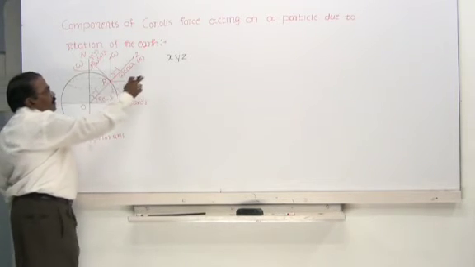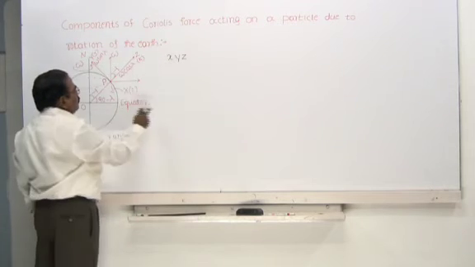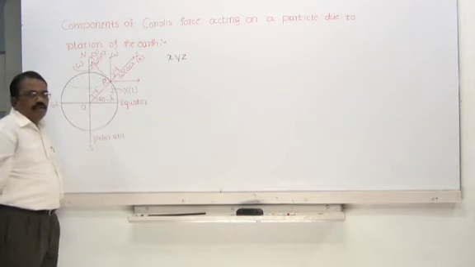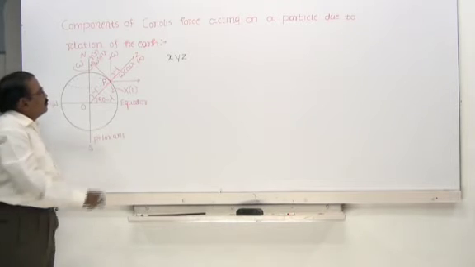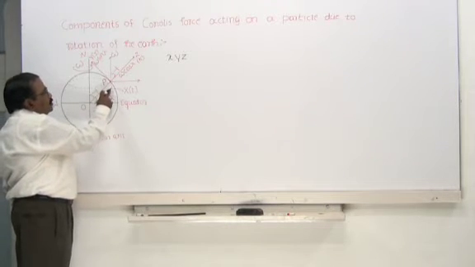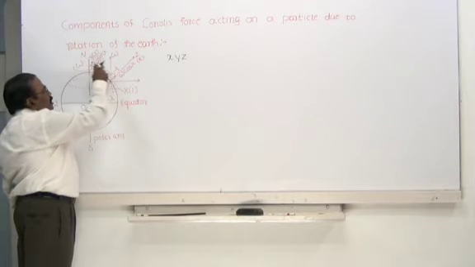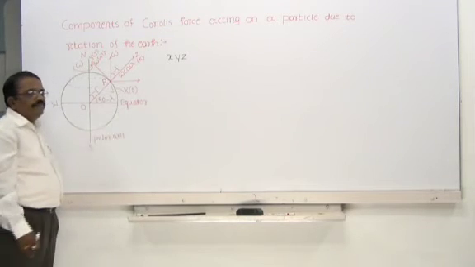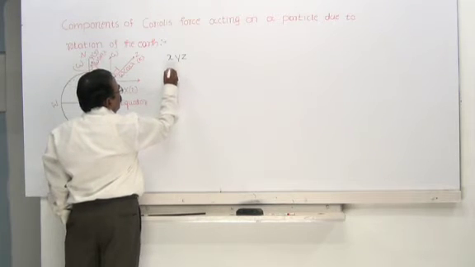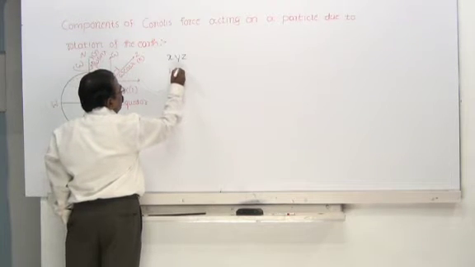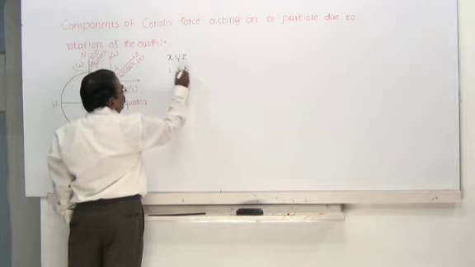So we have fixed these x, y, z coordinate axes rigidly to the particle P. The unit vectors along x, y, z are i, j, and k.